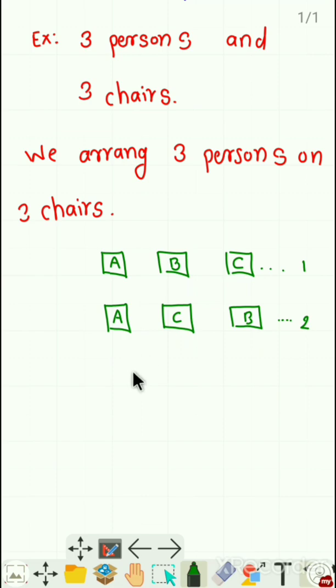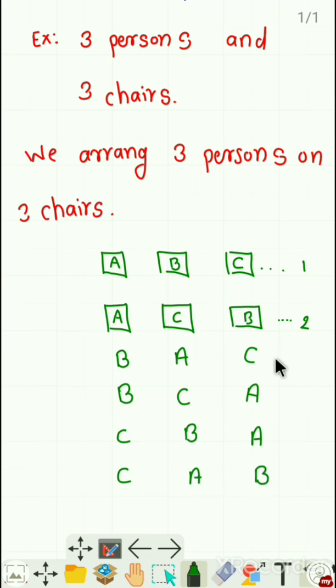Now the third way is we can put B here and A here, C here, or keep B as it is, C here, A here. The next way is we put C on the first chair, B here and A here, and then C as it is, A here and B here.